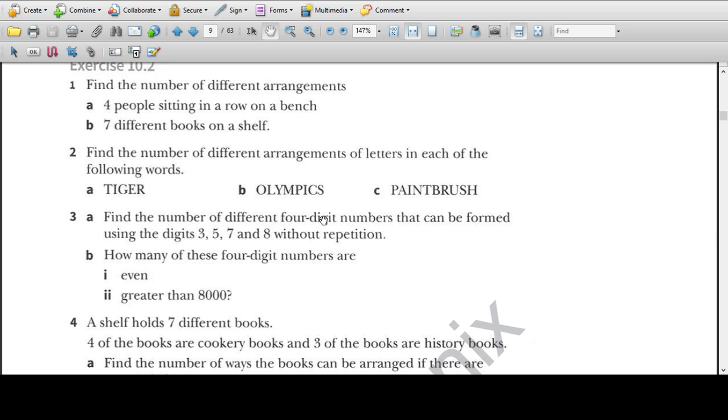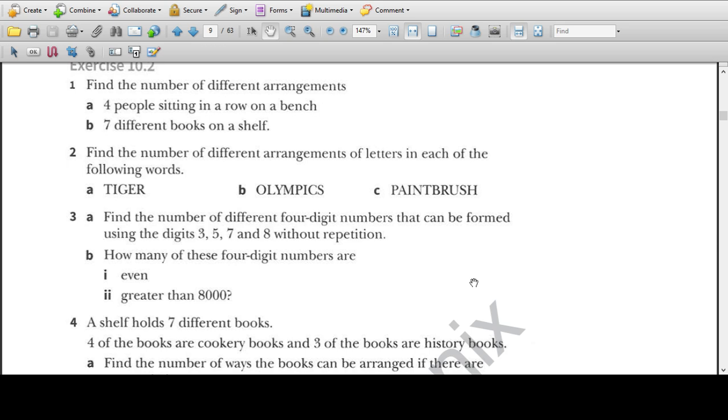First, the number of 4-digit numbers using the digits 5, 3, 7, 8 without repetition: the first digit has 4 possibilities, the second has 3 possibilities, the third has 2 options, and the last digit has 1 way.